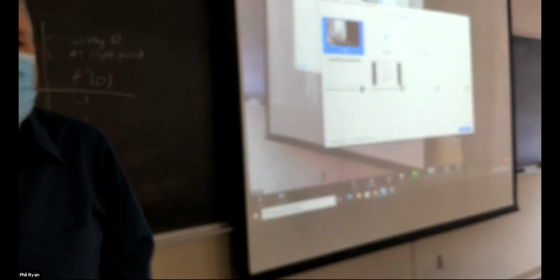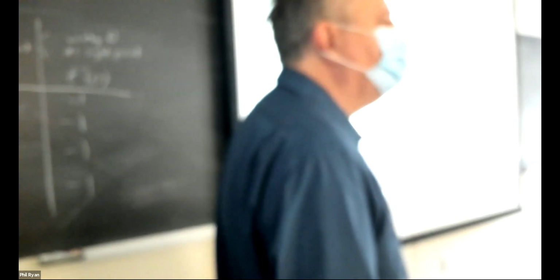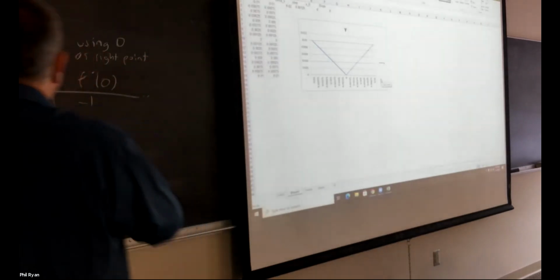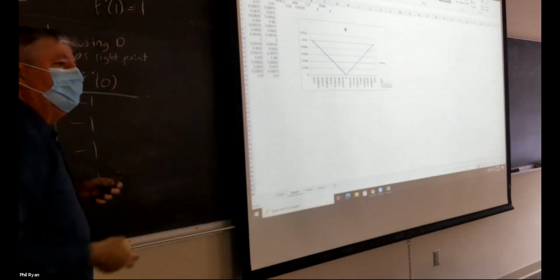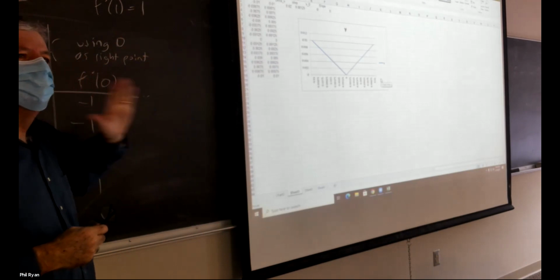But on that one, if they ask you to find the tangent line at any other point, I guess it would just be the slope at that point, any point other than the corner. Yes. So for that function, only at 0 does the derivative not exist. F prime of 1 is 1, because it doesn't matter whether you use 1 as the center point, the left point, or the right point, you would still get the answer 1.